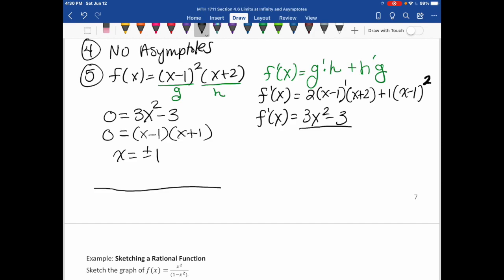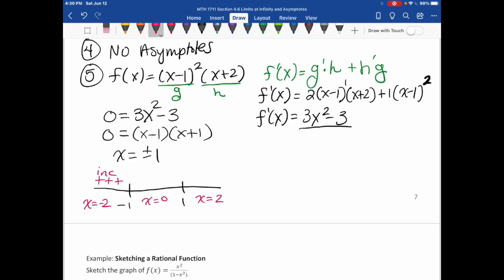So when I put that in a sign chart, I got -1 and I got +1. And I'm going to pick test points. On this first interval, I'll pick x is -2, and I'll pick x is 0. And then for the last interval, I'll pick x is 2. Now, when I plug -2 into the derivative, I'm going to get a positive value, which means it's increasing on that interval.